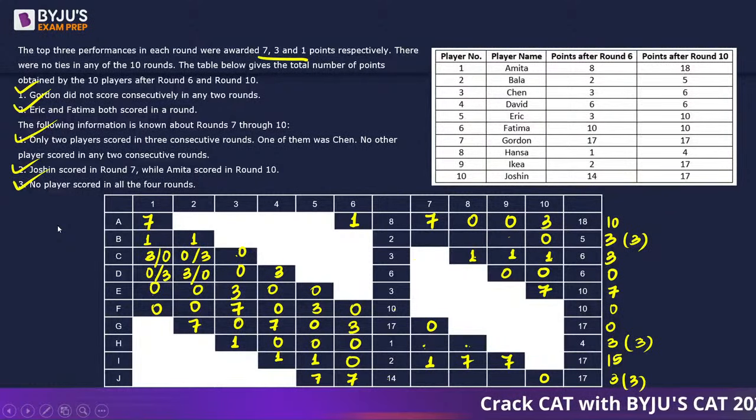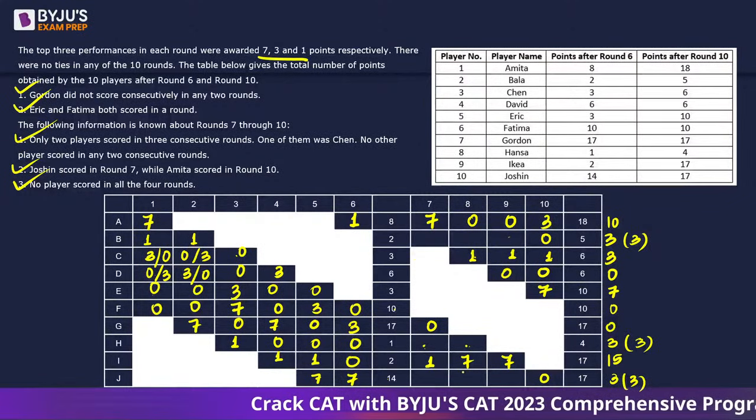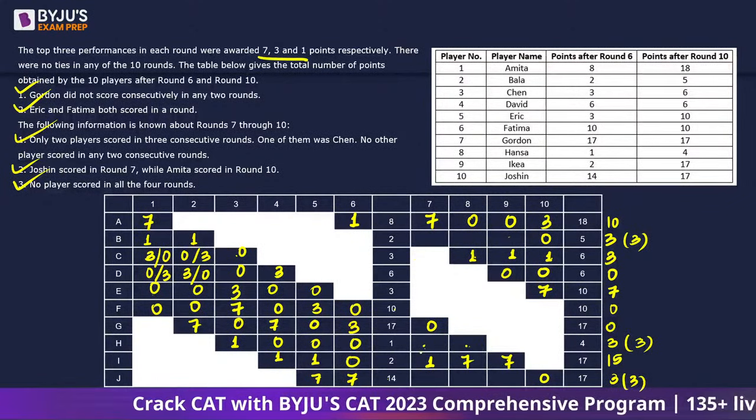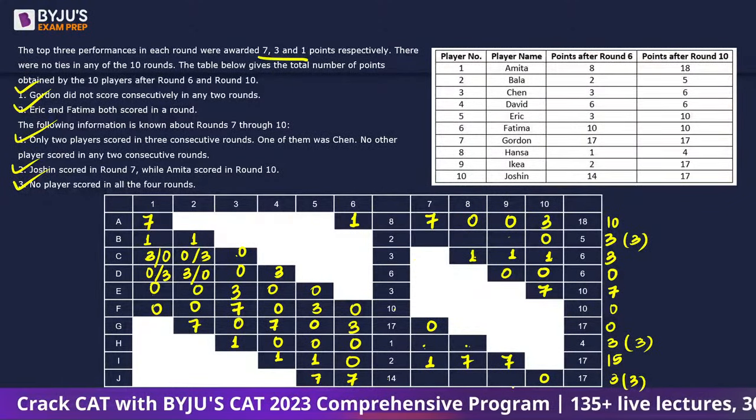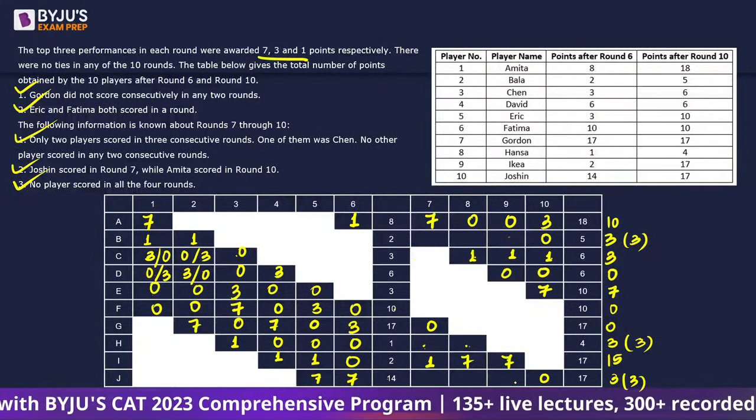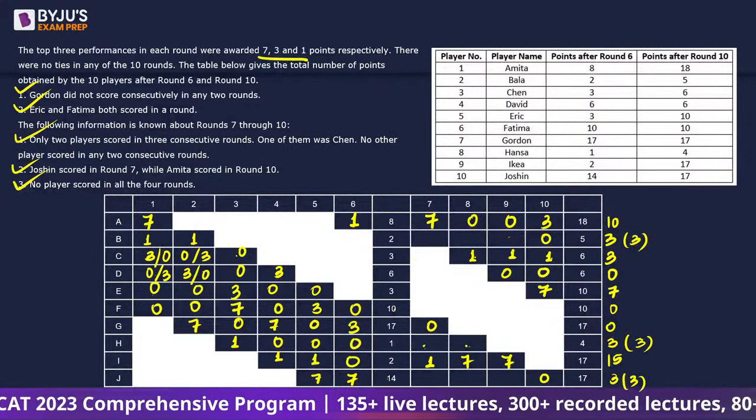Shall we leave it as such? Because I'm not sure that we will be able to specifically put in a 3 at a particular place. It depends. इन तीनों का 3 किधर जाने वाला है.